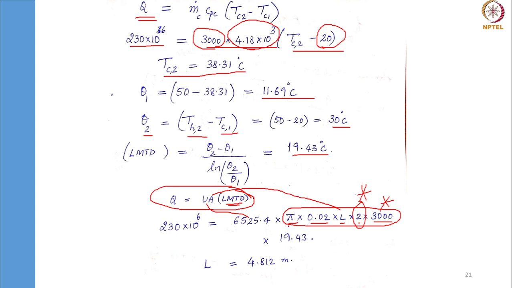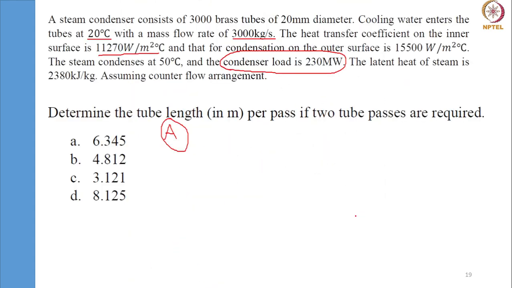And pi dL is basically the heat transfer area per tube, that multiplied with LMTD 19.43. So length comes out to be 4.8 meters. Any questions here?